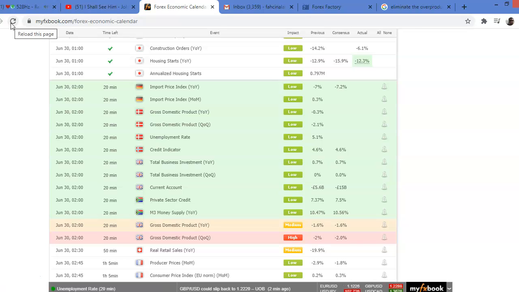Forex Factory isn't telling me, and my FX book knows exactly what's going on. So anyway, there's some GBP news in 20 minutes, so we should stay out of the market until this news comes out.